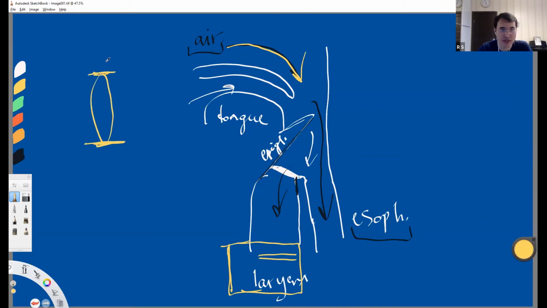So we have 2 cartilages, 1 and 2, and the vocal folds between them. These vocal folds are usually enough to give space for air, because air is gaseous. But whenever something gets here, even small parts of the food, they can obstruct it.